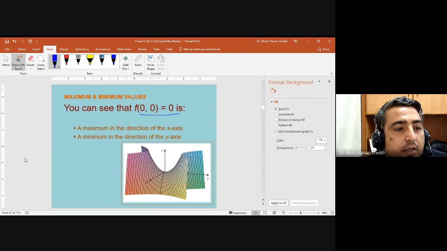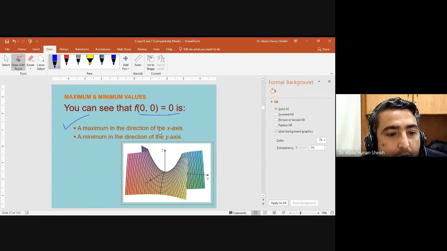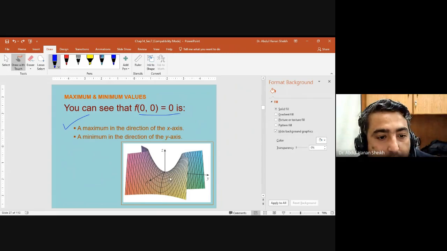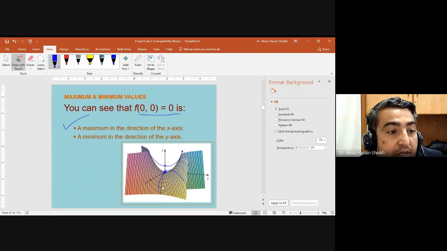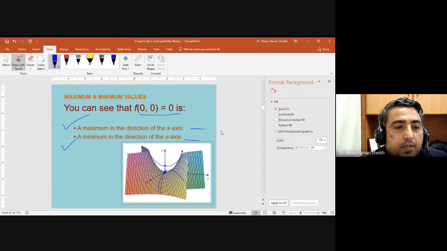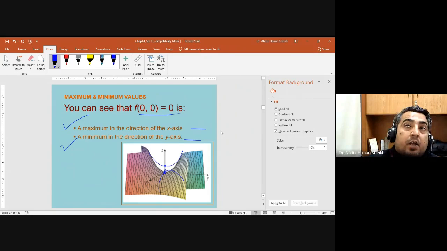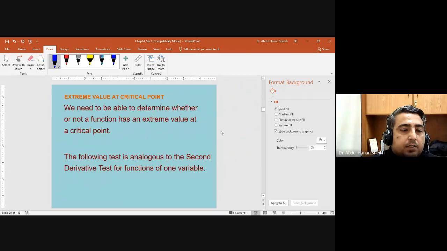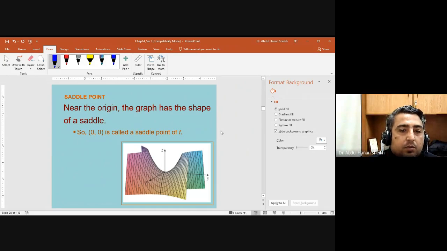This is a maximum point in the x direction, and this is a minimum point in the direction of y, right? So we can have a minimum in one direction but a maximum in the other direction. It is sometimes called a saddle point, because of the shape of a saddle.